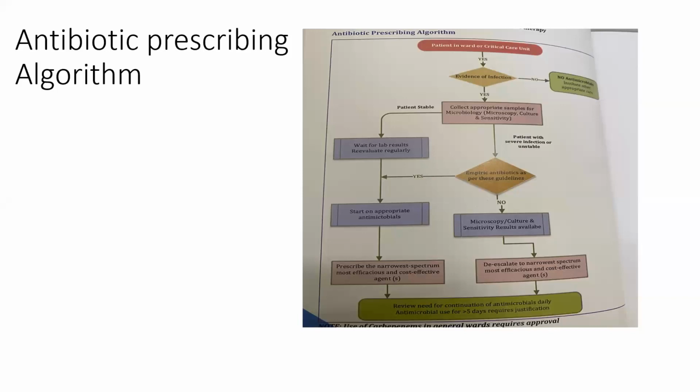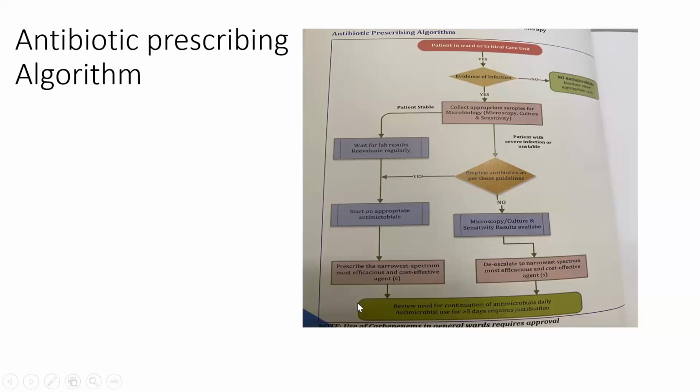What we are trying to encourage here is collection of samples for microbiology. And we hope we can gather enough data to inform guideline change in the next year or so. With this chart, we're encouraging our clinicians to gather enough samples where appropriate so that you can review it.